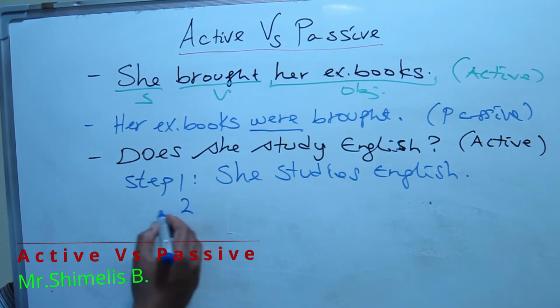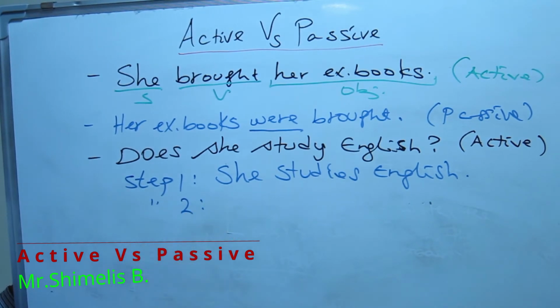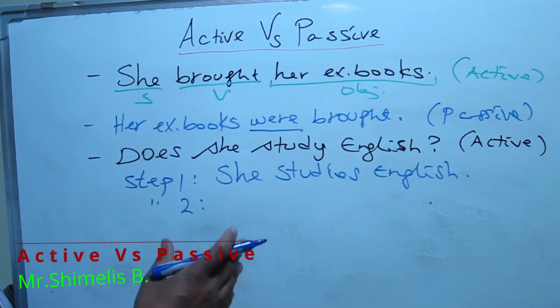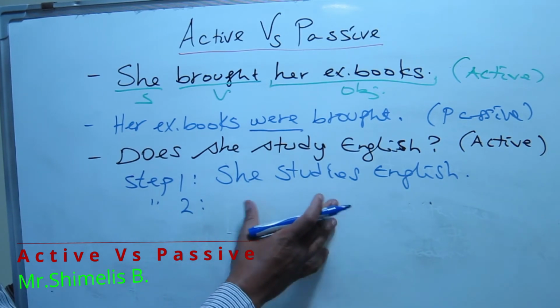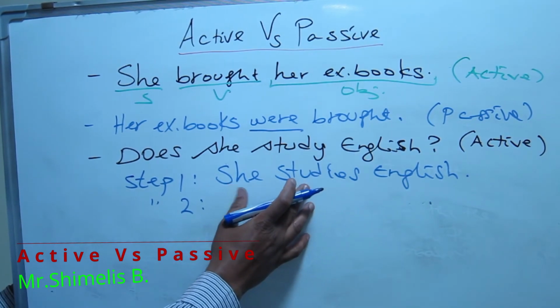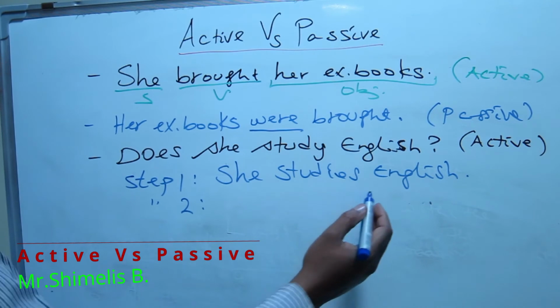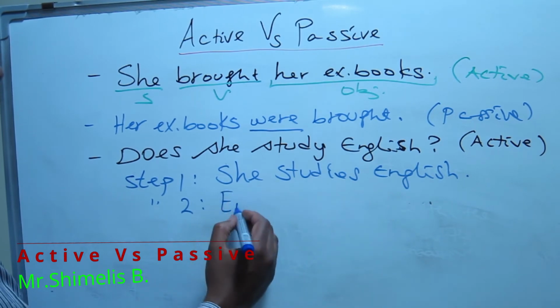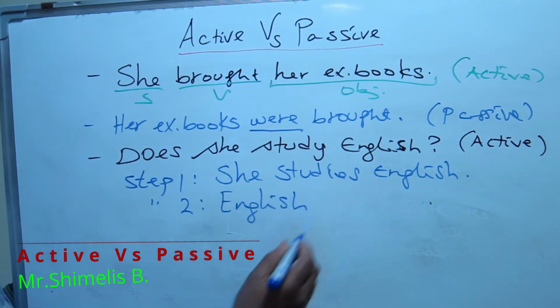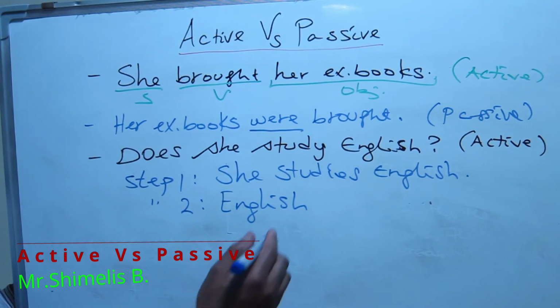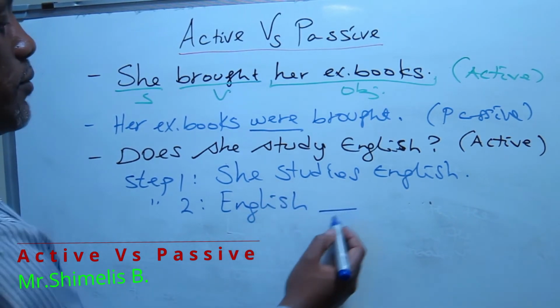Step 2 is to change the declarative sentence to passive. Now, what would be the passive form of this declarative sentence? As we have said before, the object, which is English, becomes subject for the passive, and we use the verb to be.